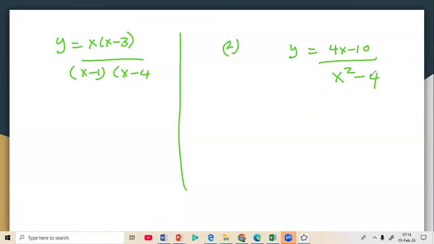At least those ones will give us a good picture of what to do. But let me give you a third: y is equal to (2x squared minus 8) over (2x minus 5). Those ones will be enough.